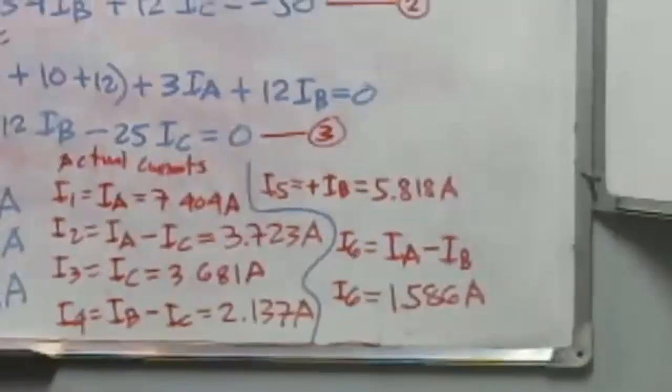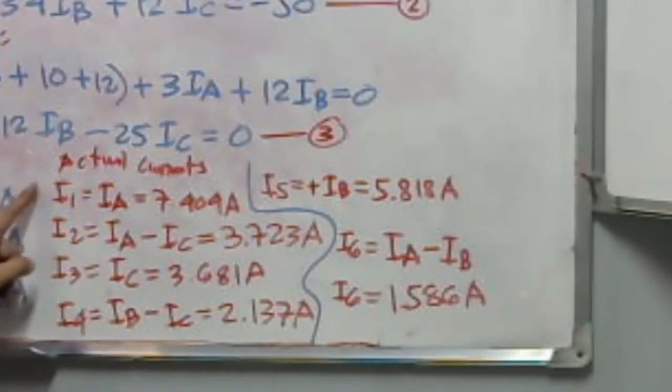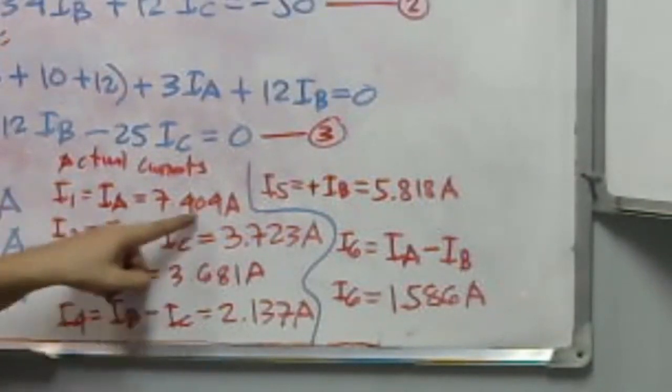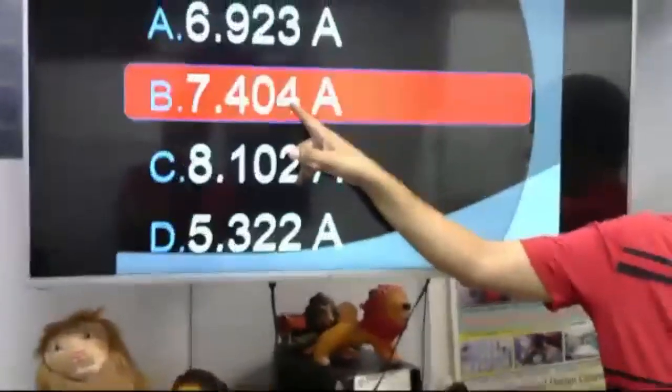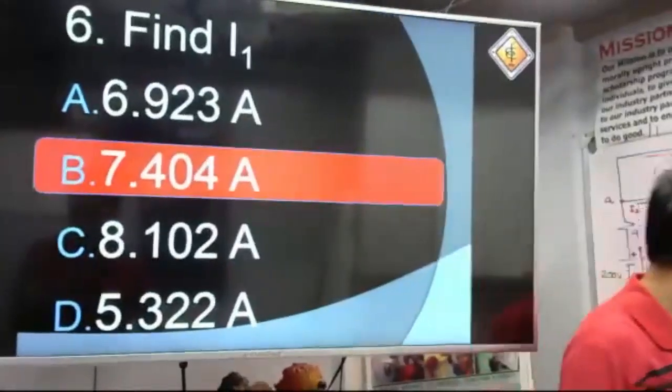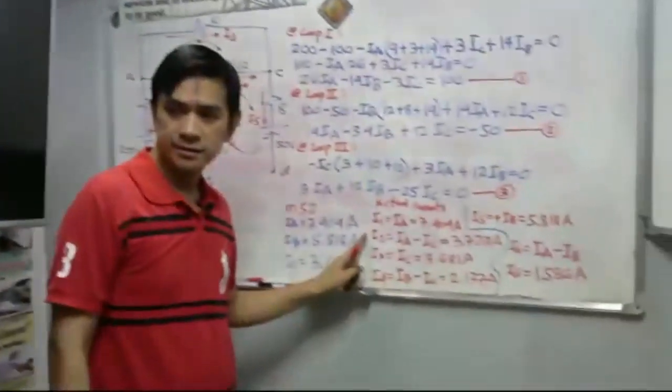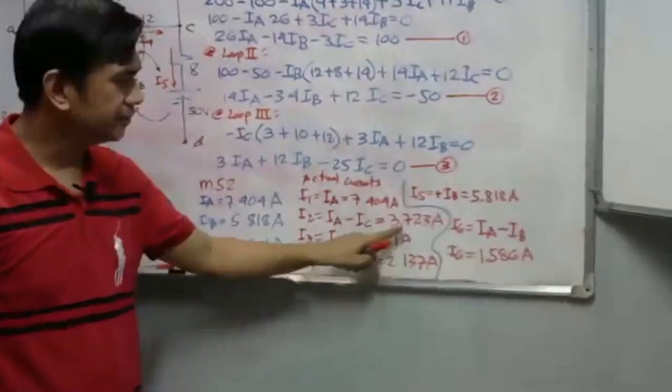Let us check first against the multiple choice. Let's start with I1. What is our I1? 7.404. Okay, letter B. What about I sub 2, guys? Our answer here is 3.723.